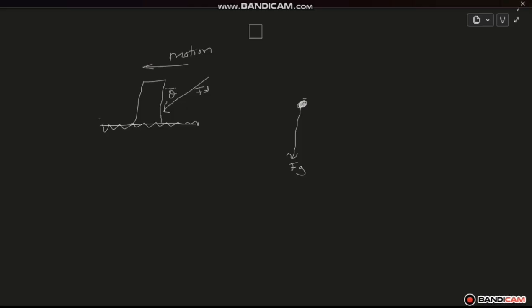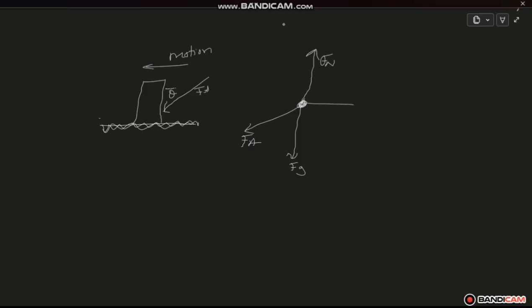Okay, so let me show you how to draw it. This is Fn here, but it is not straight. Let me try to do it better. It's this pen that I'm using here, it's making me draw things that are not straight. Okay, this is Fn, then you show your FA here. Then the surface is rough.